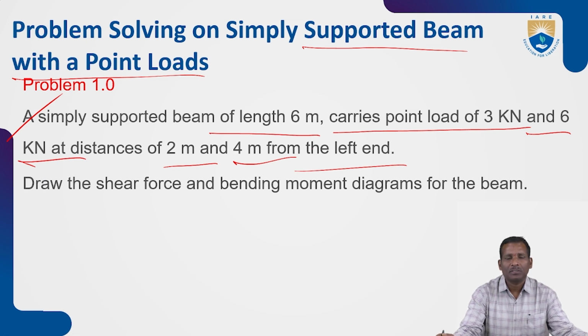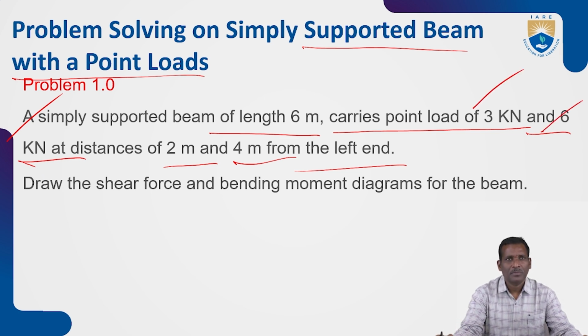You know the simply supported beam has two supports, one on the right and one on the left. At distances of 2 meters and 4 meters from the left hand, taking the left hand side, the loads acting are 3 kilonewtons at 2 meters and 6 kilonewtons at 4 meters.